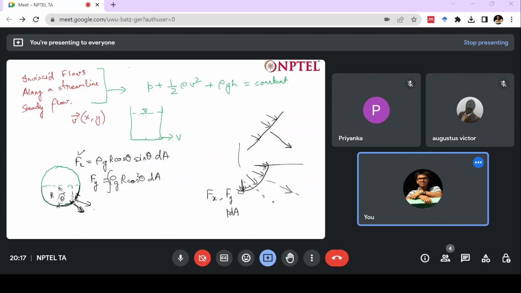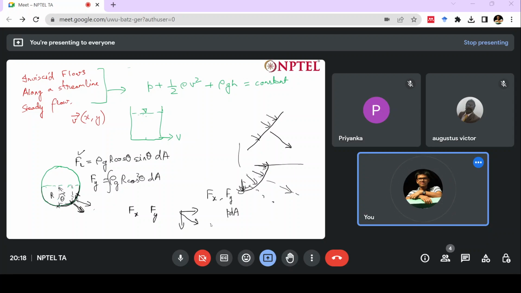Then you will simply integrate it along your theta, whichever theta range you want to have your door in. You will get fx and fy. These are two components of force. The resultant of these two components is the direction of your force.